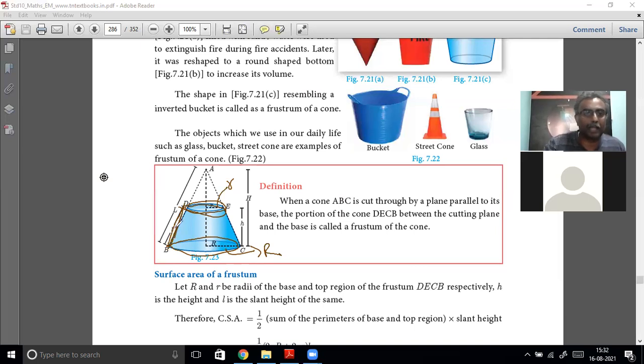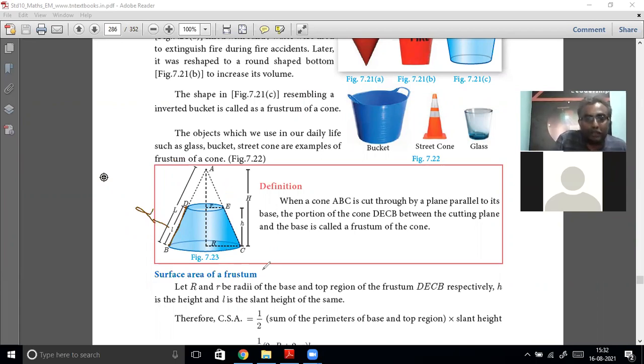This is called the slant height. The full slant height of the cone is not calculated, we will not need it. Only up to this point. That is the slant height L.